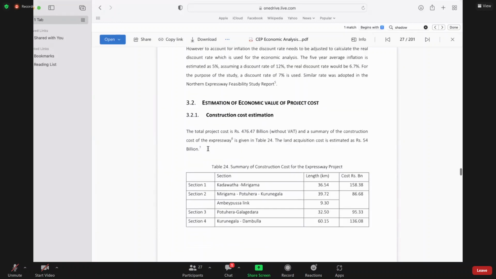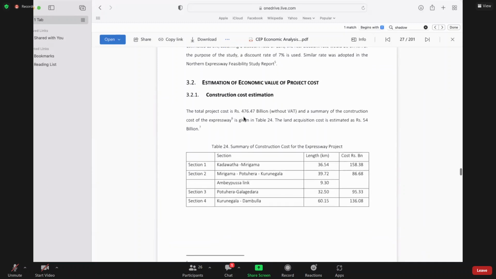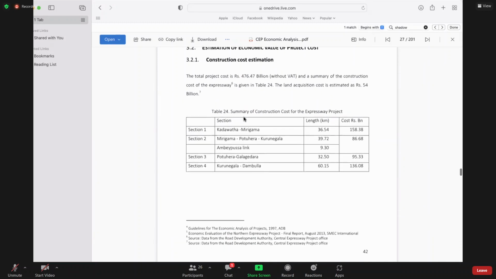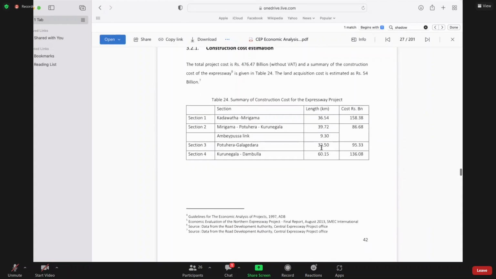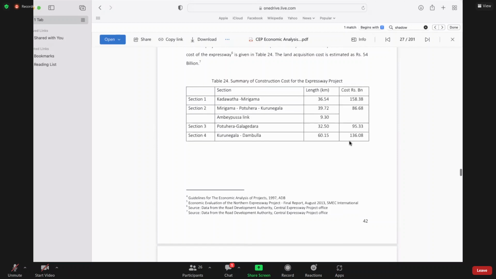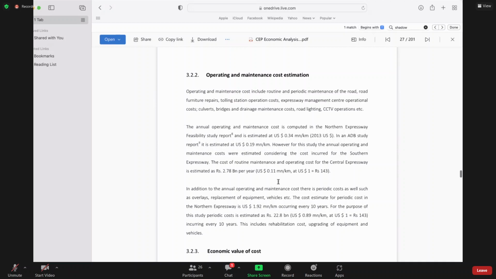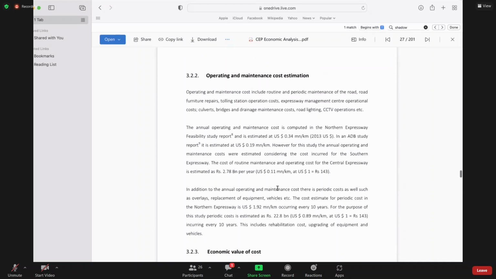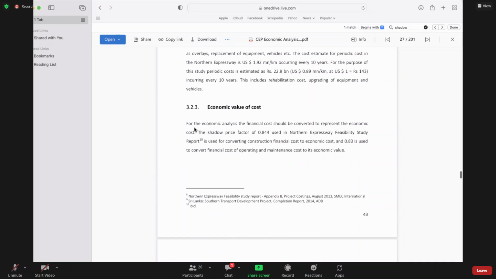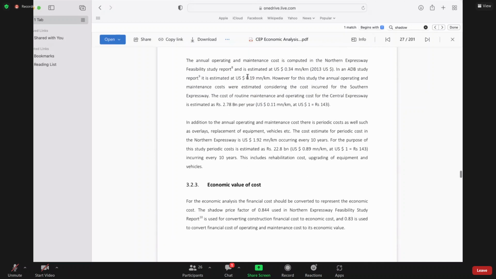Here they have estimated the construction cost for different sections, given in rupees billion, and then the operation and maintenance costs also. Then they say for the economic analysis, we need to convert these financial costs, the market values, to represent the economic costs.